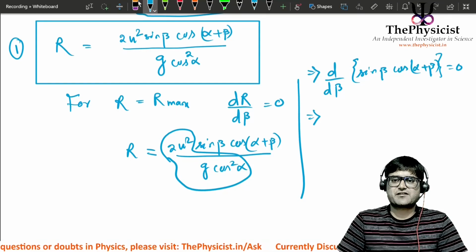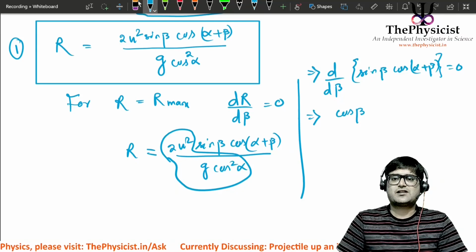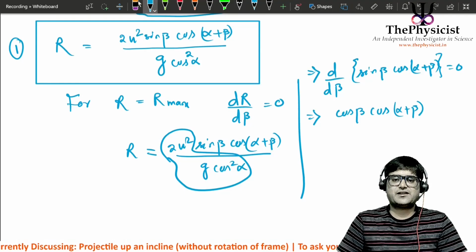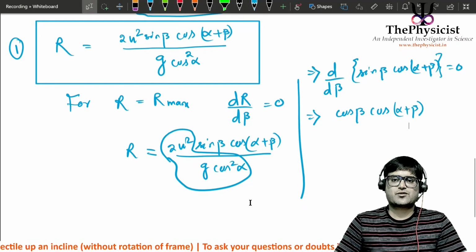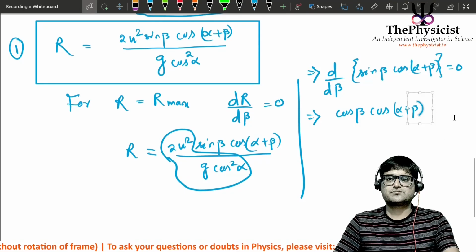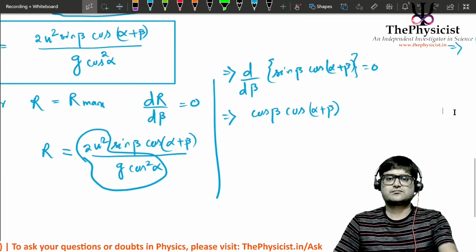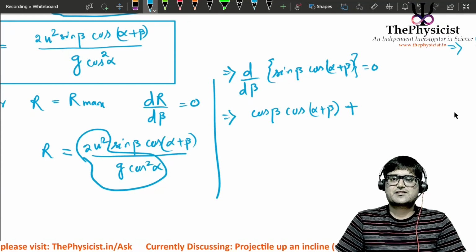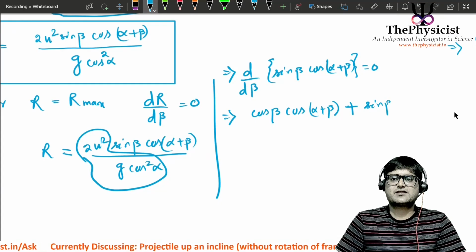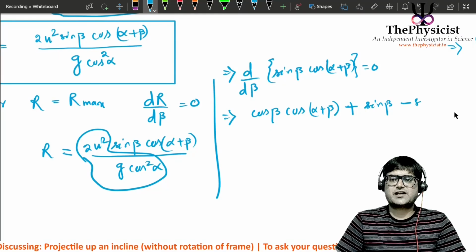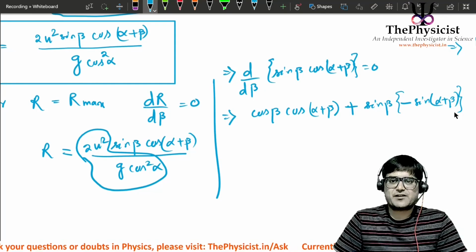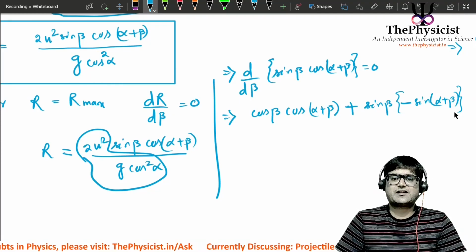Sine beta's derivative will be cos beta, multiplied by cos of alpha plus beta, plus sine beta as it is, and the derivative of cos alpha plus beta will be minus sine alpha plus beta. Then alpha plus beta has a derivative equal to 1, and that must be 0.